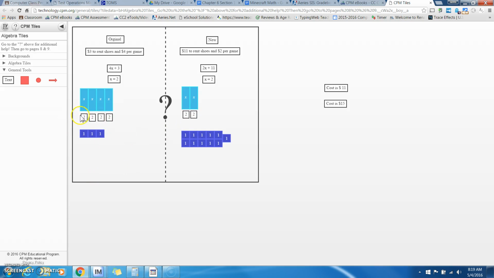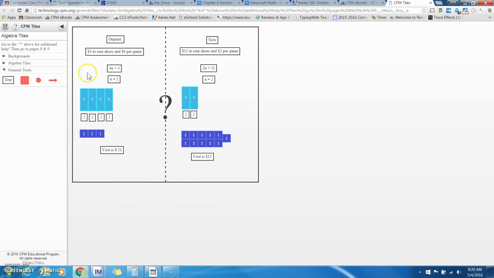So all I have to do now is add it all up. So 2, 4, 6, 8 plus 3 gives me 11. So the cost is $11 for the original. For the new plan, 2 plus 2 is 4 plus 11 gives me $15. So you can see the new plan is more expensive than the original plan.